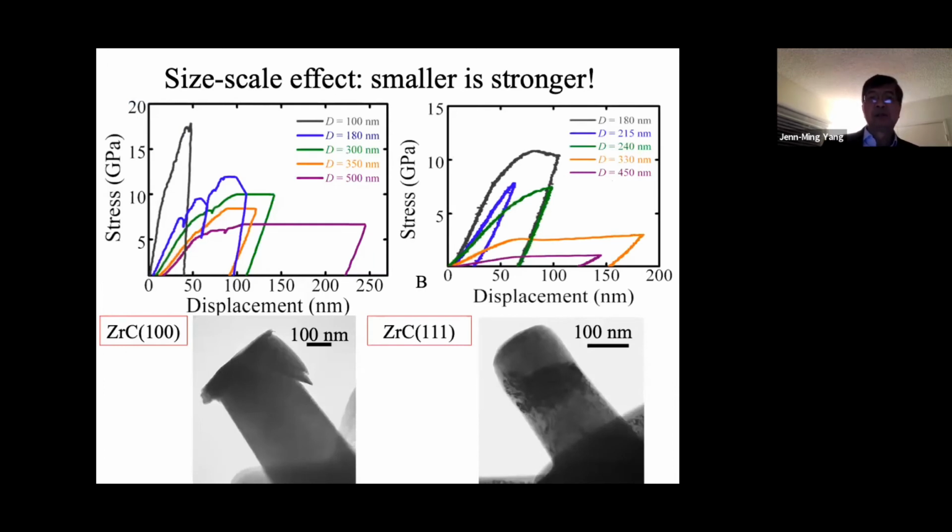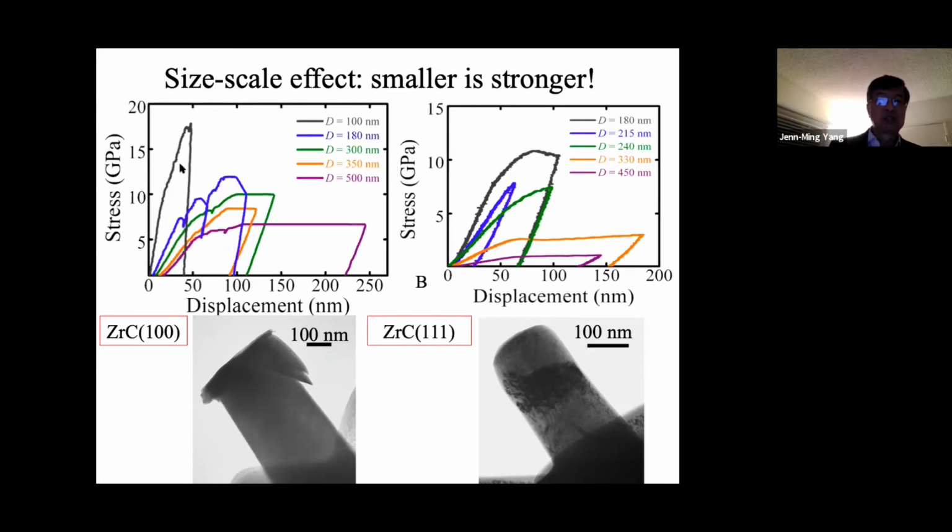We have also investigated the size scale effect. As you can see, we have the zirconium carbide 111 and 100 single crystals, and the diameter of the pillars ranges from 100 nanometers up to about 500 nanometers.